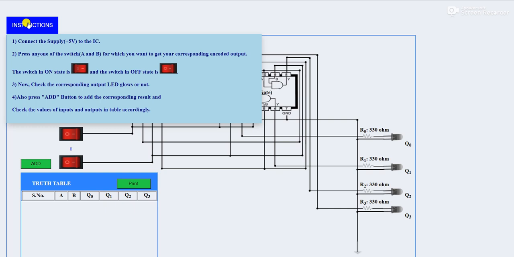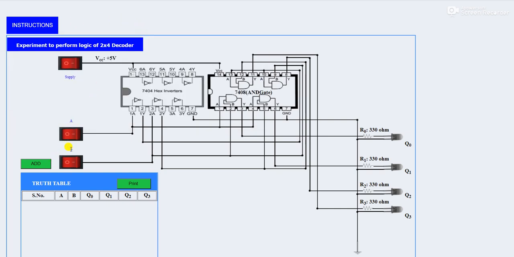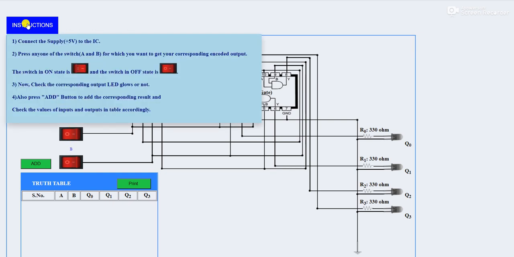First of all we have to connect the supply, that is plus 5 volt, to the IC. Second, press any one of the switches A and B for which you want to get the corresponding output. There are two switches, A and B, which can be in the on state or the off state.